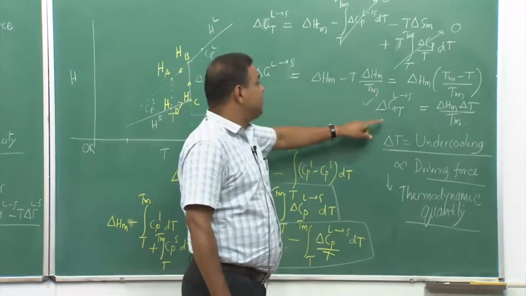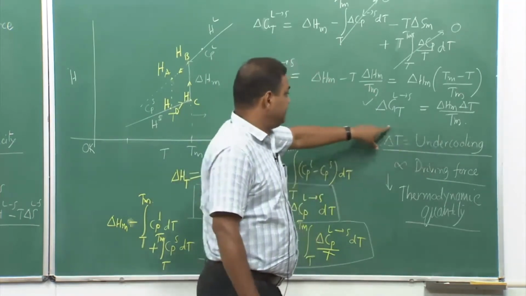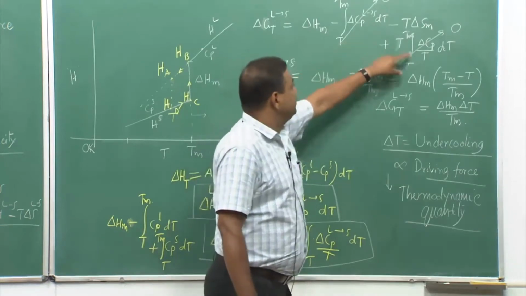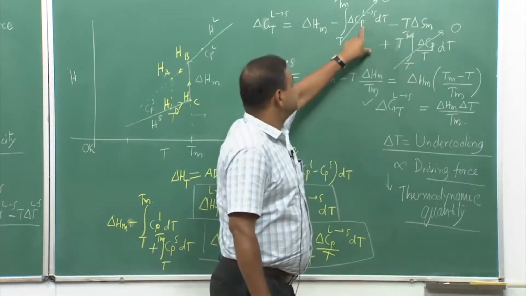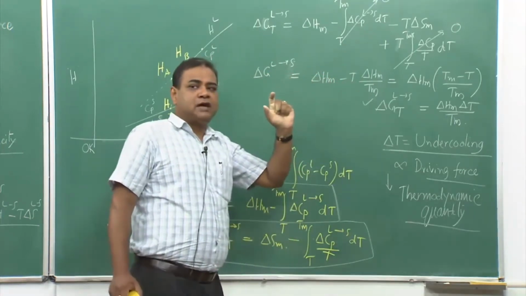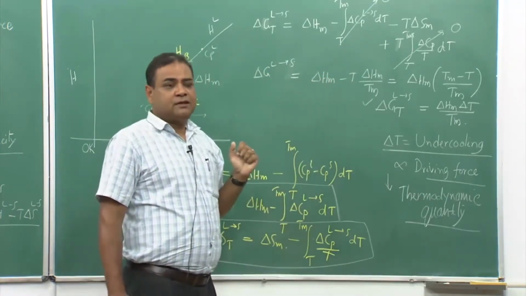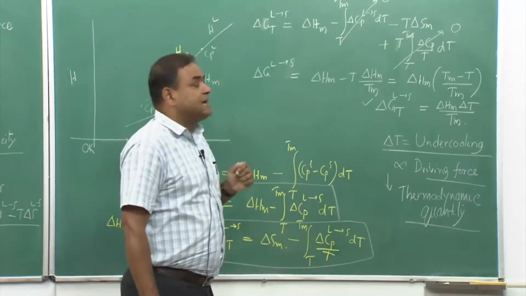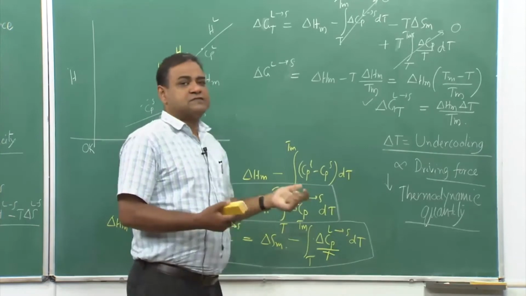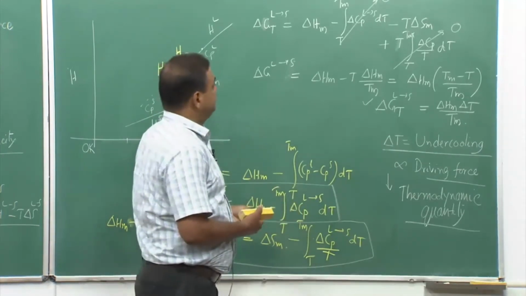Since in the beginning, while coming to this expression, we assumed that del Cp liquid to solid, the difference between liquid Cp and solid Cp, is 0, but that cannot be. So, that is a very crude, oversimplified assumption.